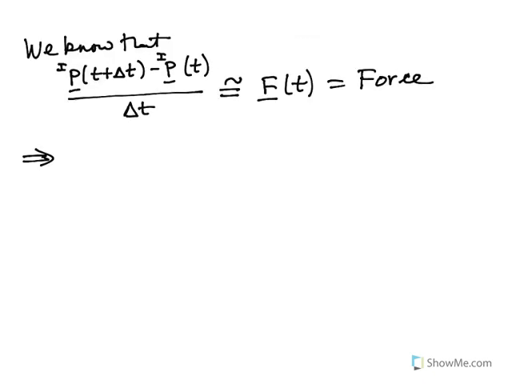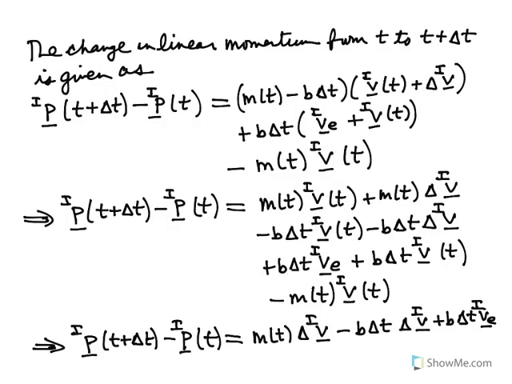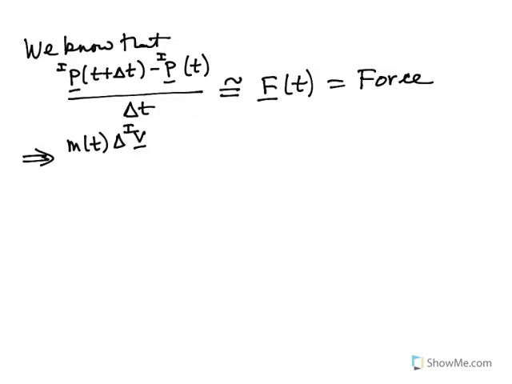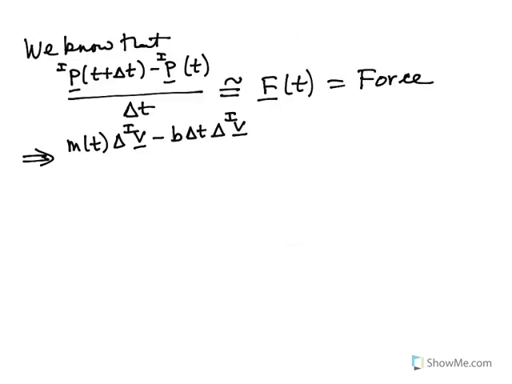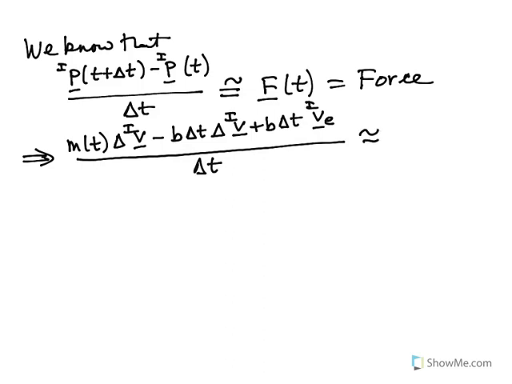We've got m of t delta vi, then minus b delta t delta vi, and then the next term is plus b delta t times vei, all divided by delta t is approximately f of t.